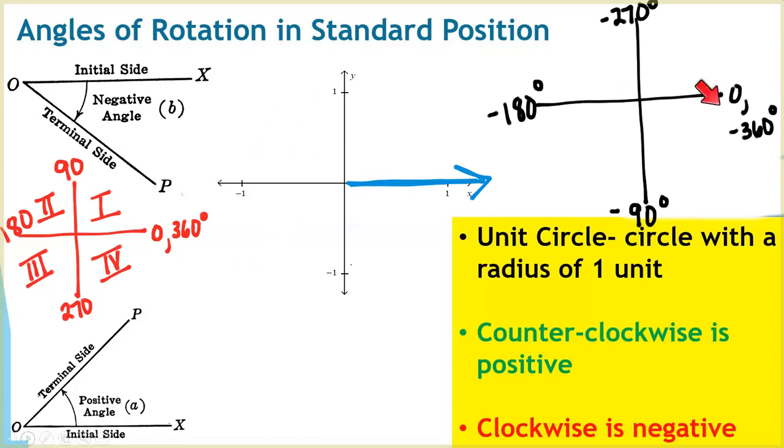When it's negative, we go clockwise. So negative 60 would be somewhere in here. This is a negative 60 degrees. This is your initial side, and the terminal side is where you stop rotating.